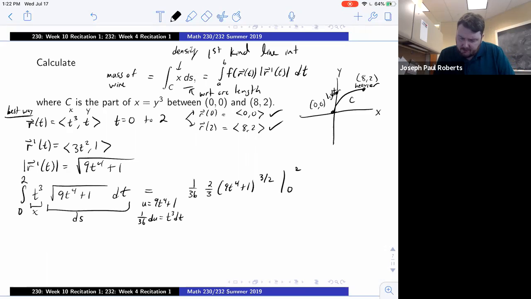Whatever this ends up being, what is that, 145 to the 3/2 minus 1 to the 3/2, which is 1. Yeah, 9 times 16 is 144, and then 3 times 18 is 54. But whatever, nothing too terribly complicated there.